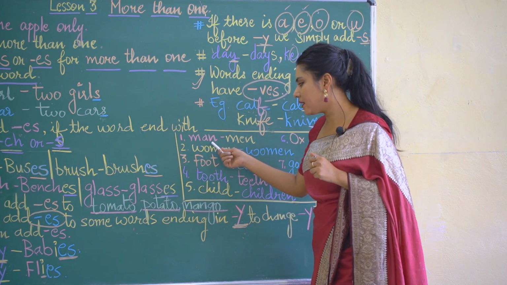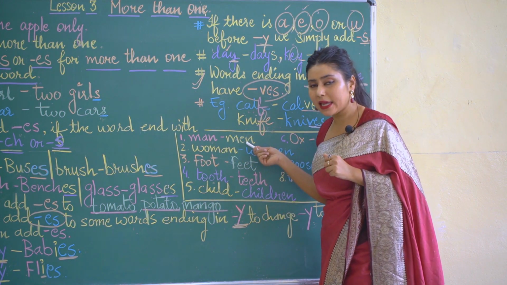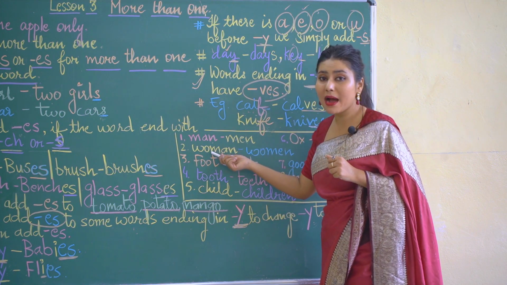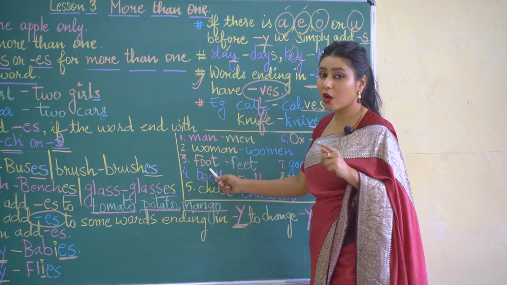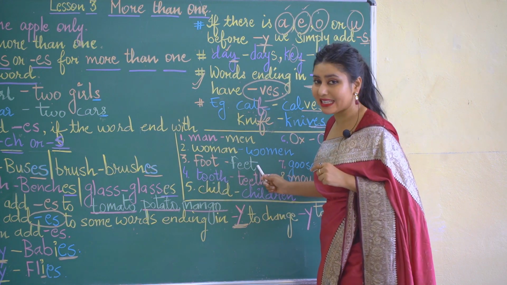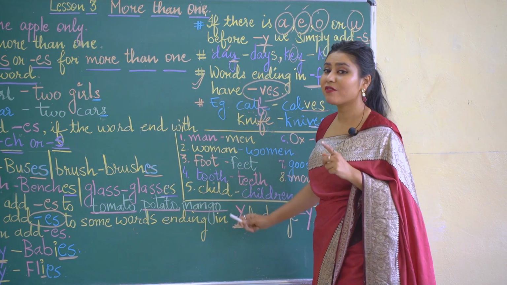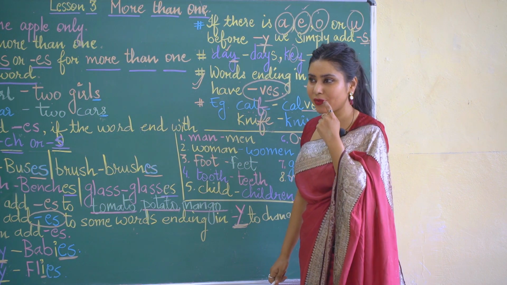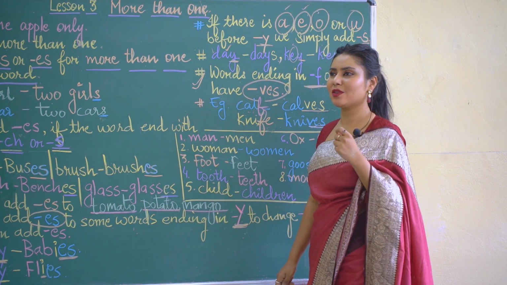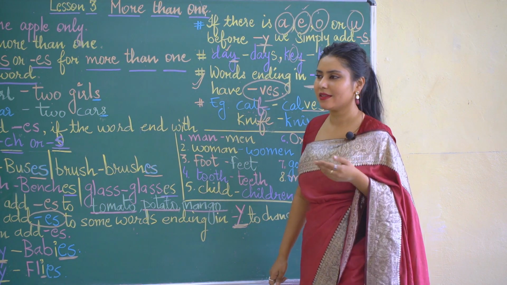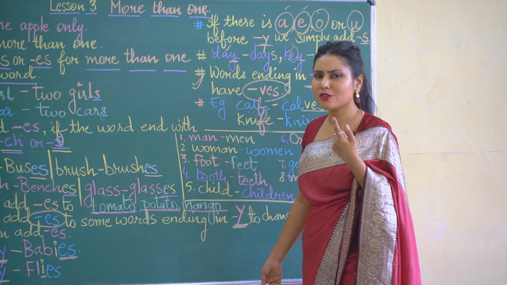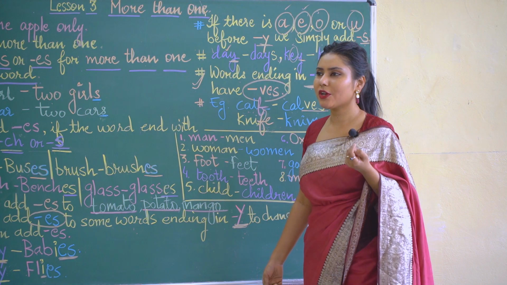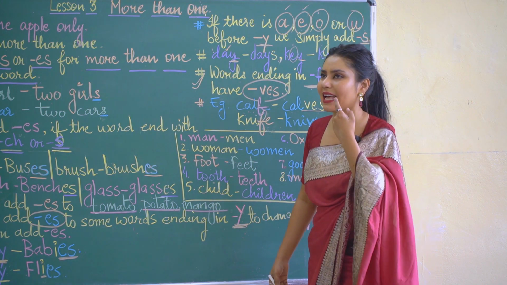Like a man will be men in its plural form. Woman will be women. Foot will not be foots, it will be feet. Remember, you have got one tooth. When you have your milky teeth in your early years of age, one tooth might fall. So you cannot say, ma'am, my teeth has fallen.